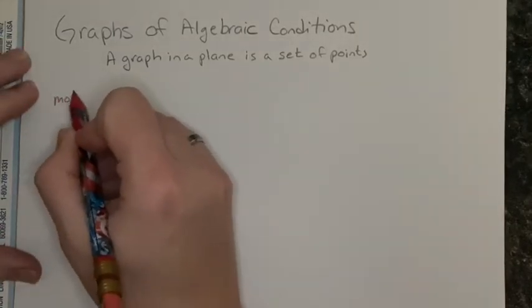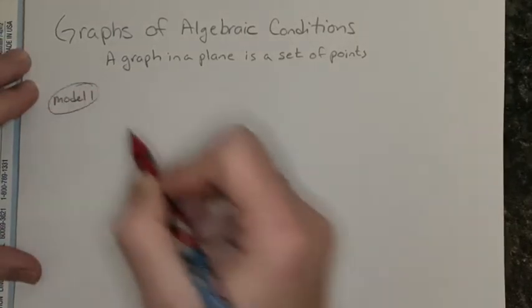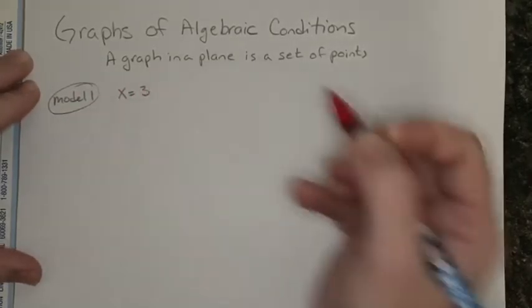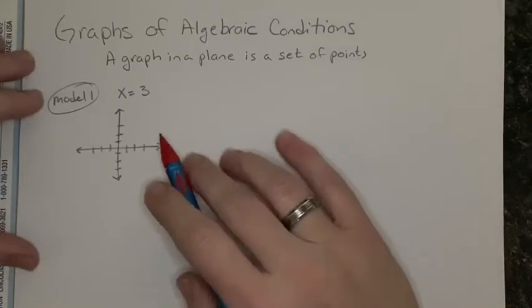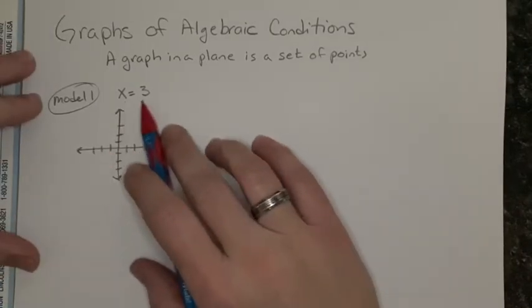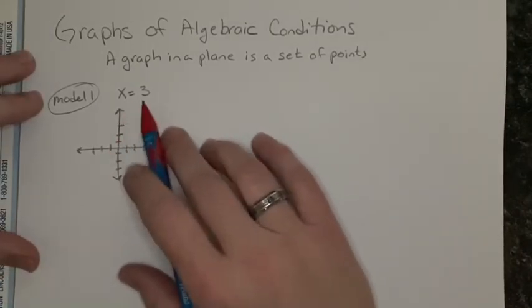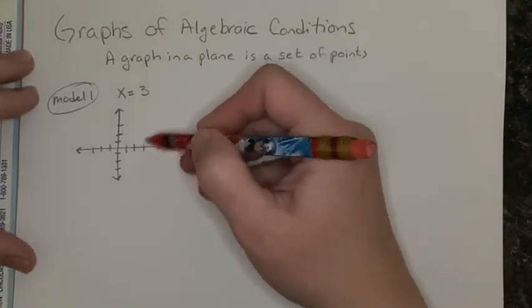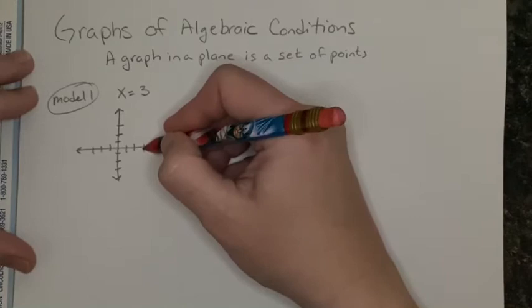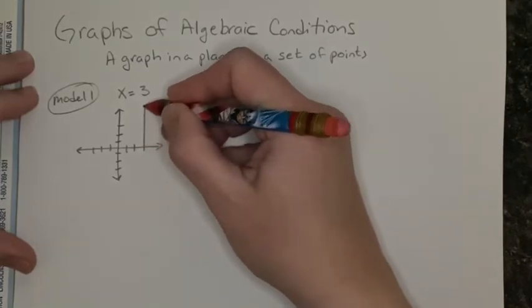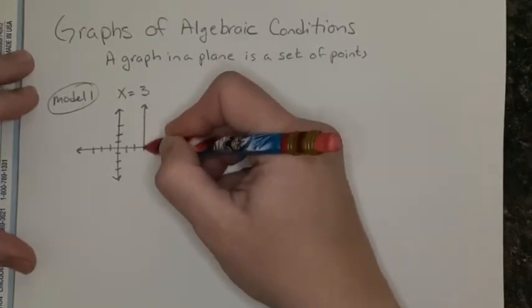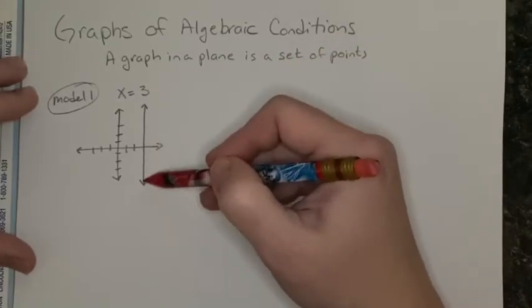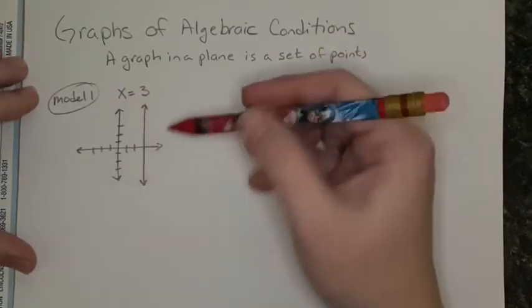Let's look at the graph model 1. So this is model 1, and it is a graph of x = 3. The graph that would satisfy this equation of x equaling 3 is basically anywhere that x equals 3. So we would simply draw a line anywhere that x equals 3.